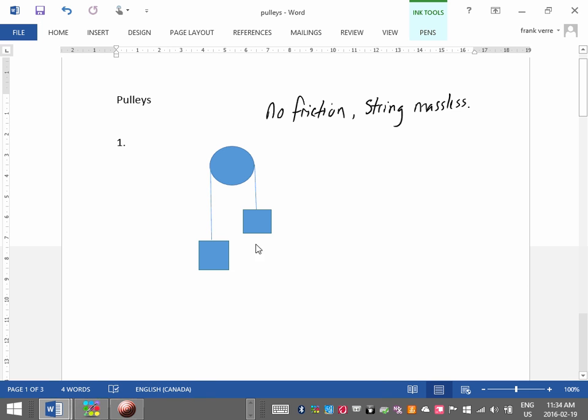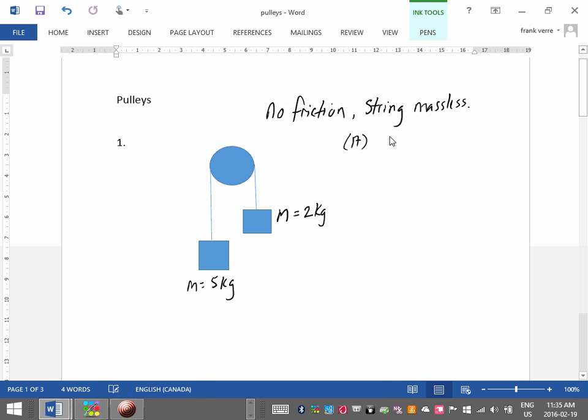Okay? So let's come up with a really simple question. Let's imagine we have a mass on this side, and the mass on this side is 2 kilograms. Now let's say the mass on this side is 5 kilograms, and we want to calculate a few things.